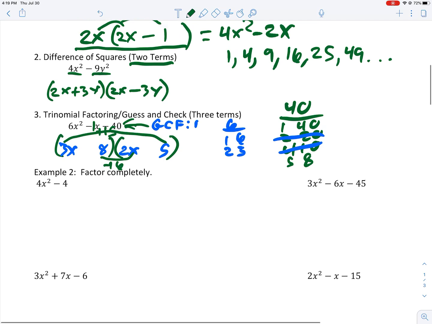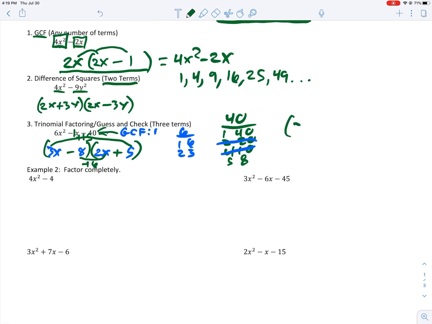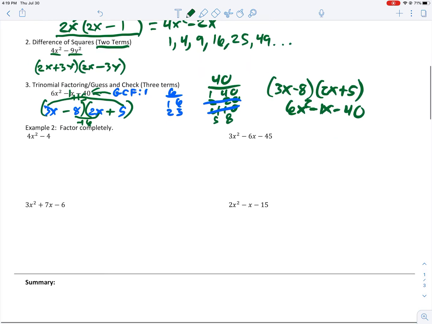If this was a negative and this was a positive, that would give me negative 1. So we're going to do negative 16x, positive 15x. If you were to FOIL these out, you would get 6x squared minus 1x minus 40. So that is factored.